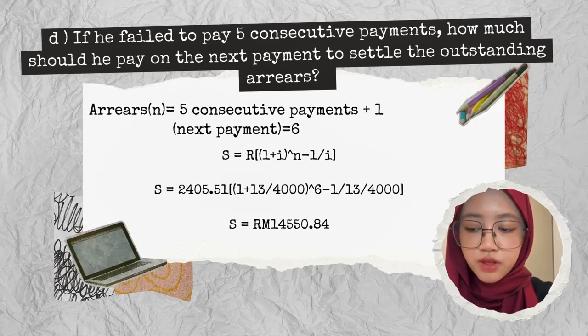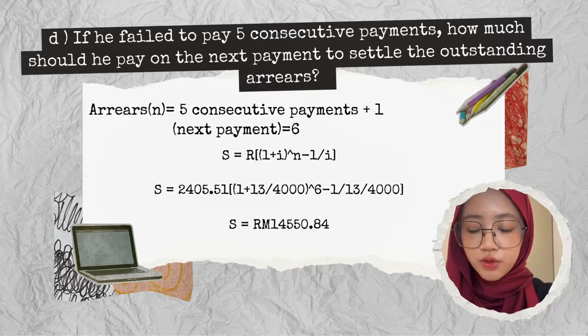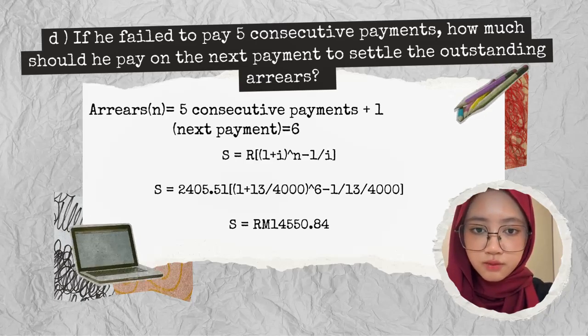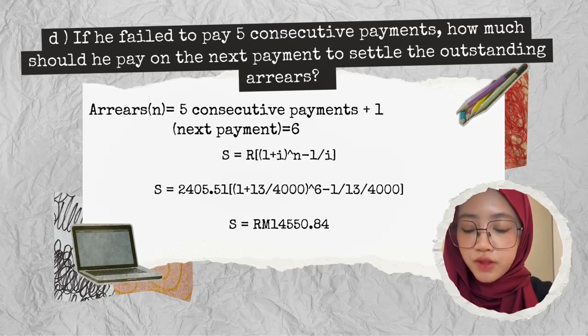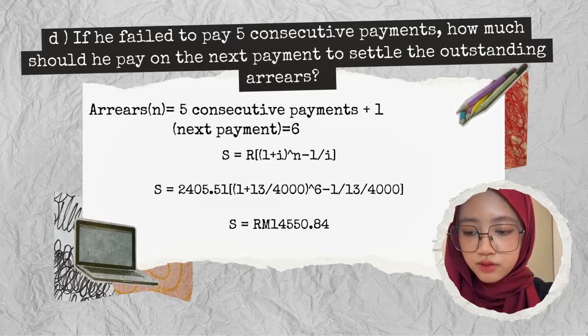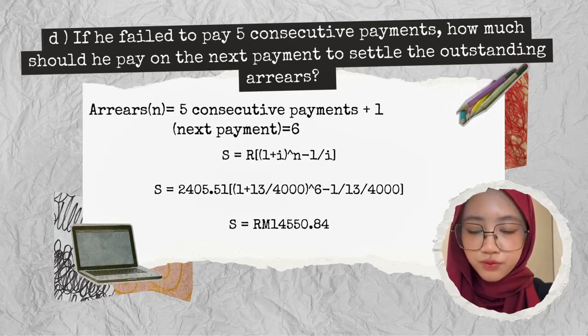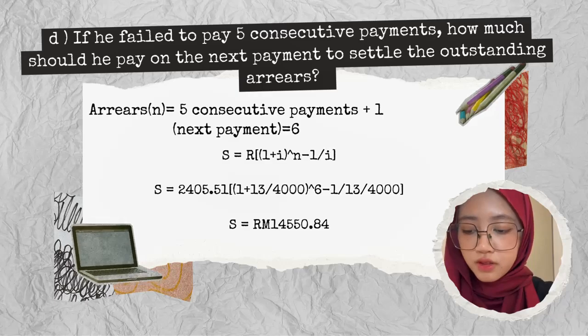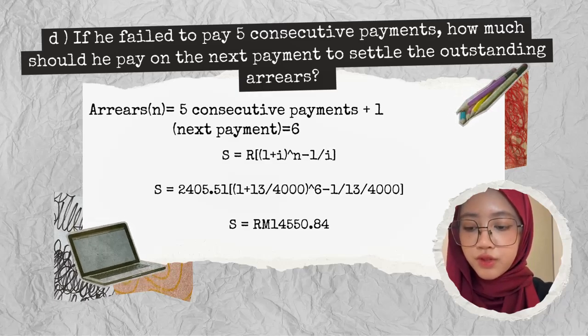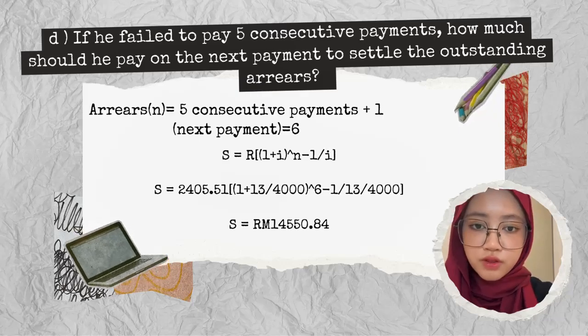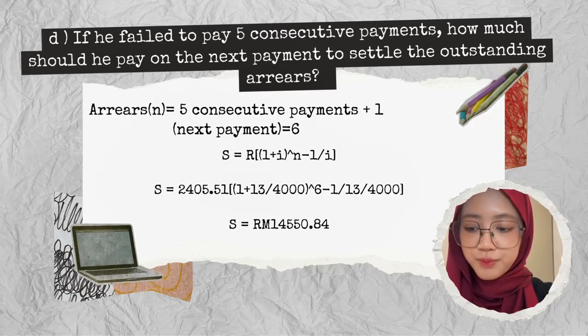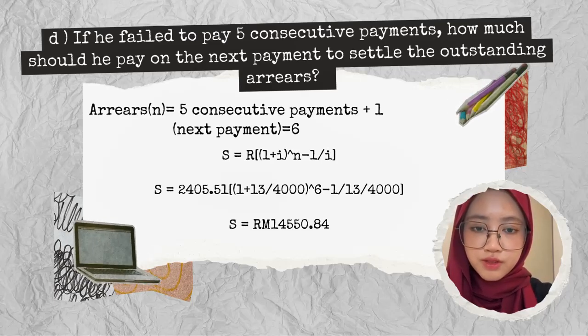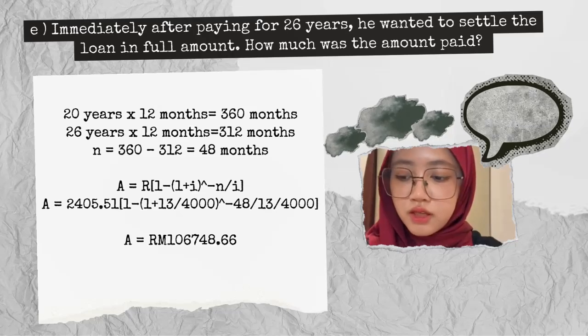We use the formula S equals R times ((1 plus I) to the power n minus 1) over I. S equals 2,405.51 times ((1 plus 13 over 4,000) to the power 6 minus 1) over 13 over 4,000, which gives RM 14,550.84.